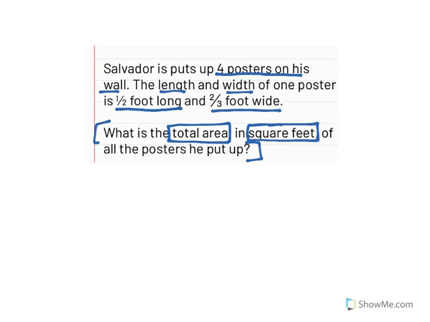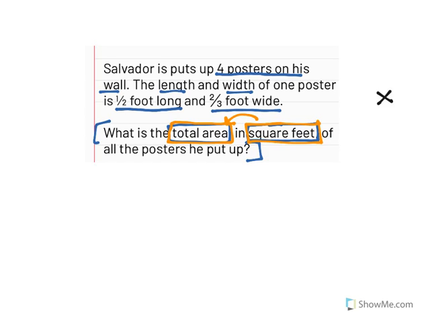All right, there's some key words here that help me already know what operation we're going to use. Keywords being area and square feet. I know square feet means we're finding area, and I know when we find area, we multiply.